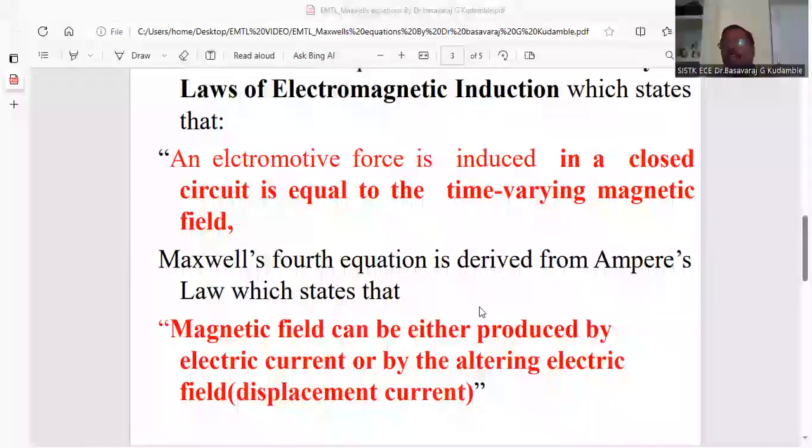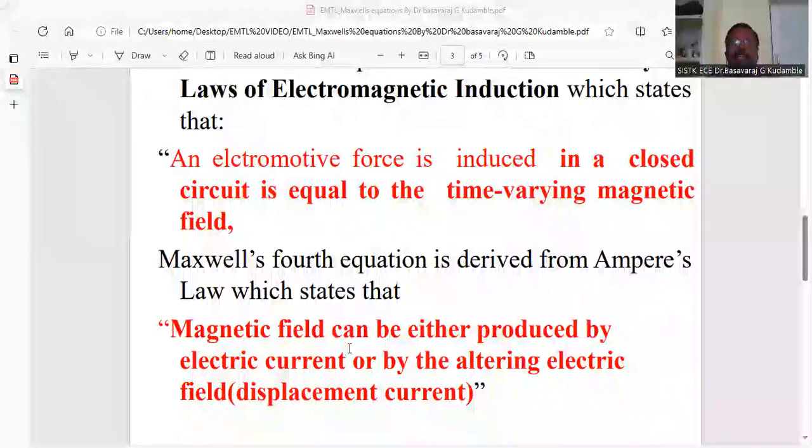Maxwell went through Ampere's law, and he added another term called displacement current. Usually we know that current flows only in a closed circuit; to flow a current, a closed path is required.